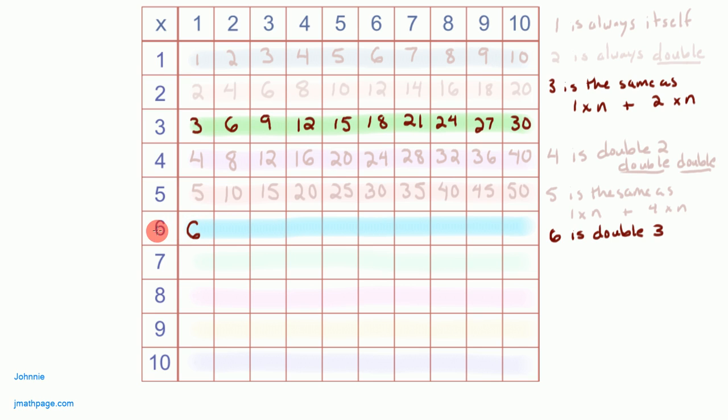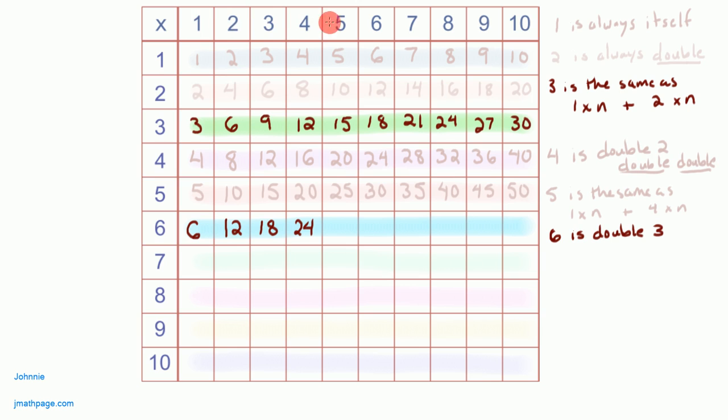Let's keep going. 6 times 2 is the same as 3 times 2 doubled. 6 doubled, or 6 plus 6, gives us 12. 6 times 3 is the same as 3 times 3 doubled. 9 plus 9 is 18. 6 times 4 is the same as 3 times 4 doubled. 12 plus 12 is 24.